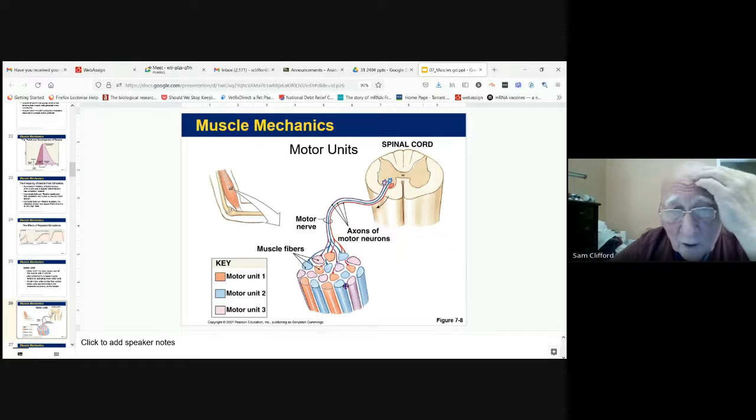If you have enormous muscles like the sartorius in the thigh or the vastus lateralis and so on, you'll have many more muscle fibers attached to a nerve so that different motor units can establish much larger tension.